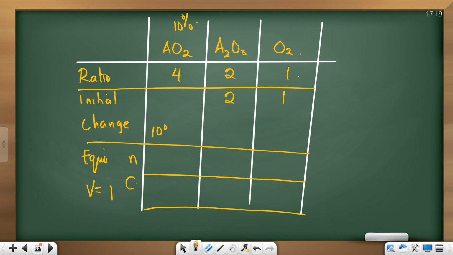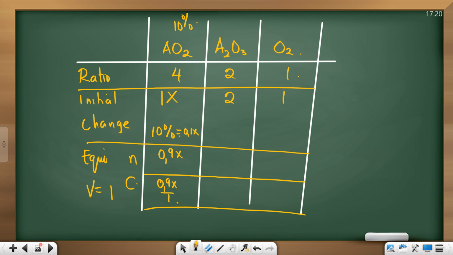So it is always easy to work around variables, and that's why I said, let's put x there. What is 10% of x? That would be 0,1x, which leaves us at 0,9x. Now, what is the concentration here? It is 0,9x divided by 1.